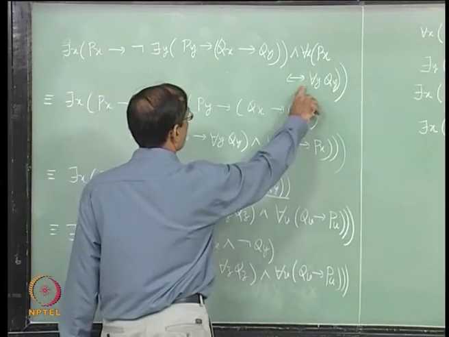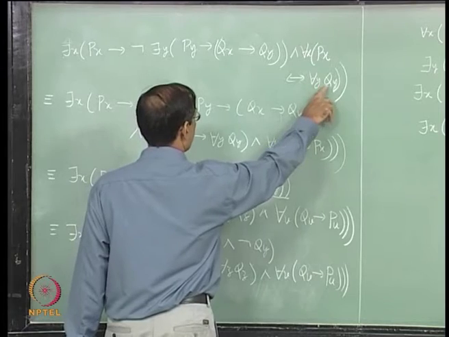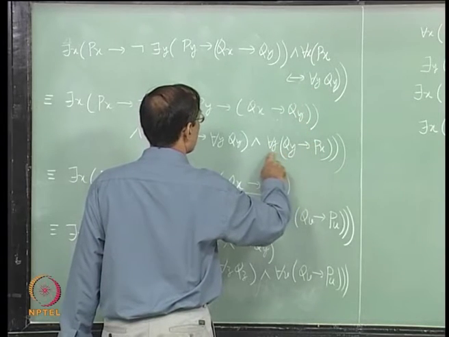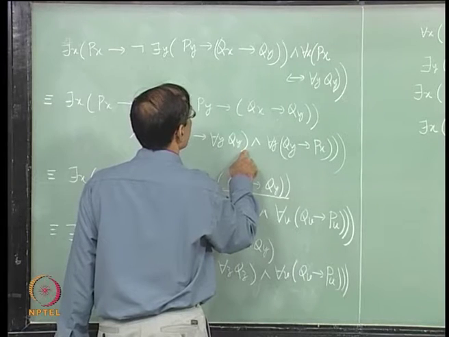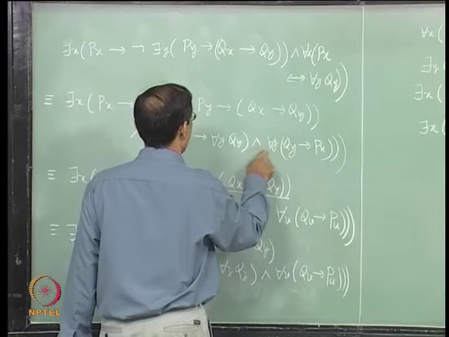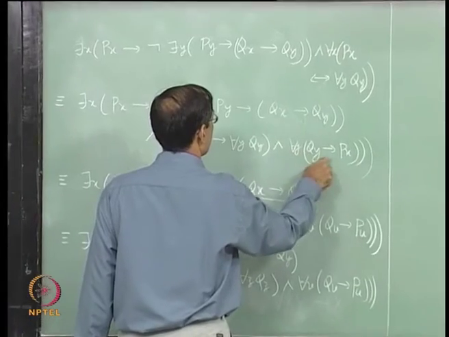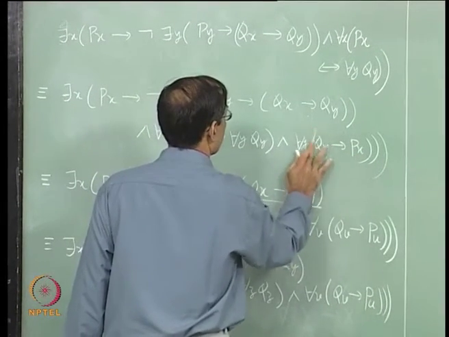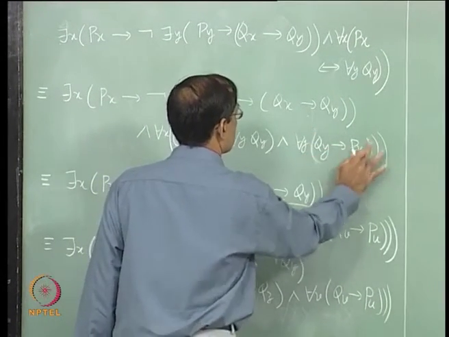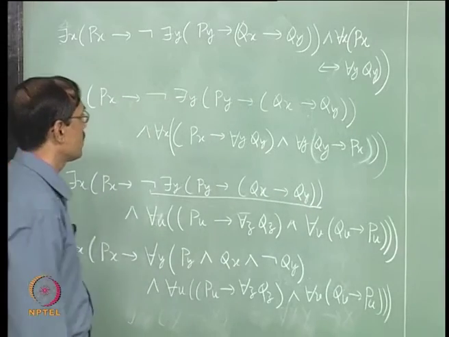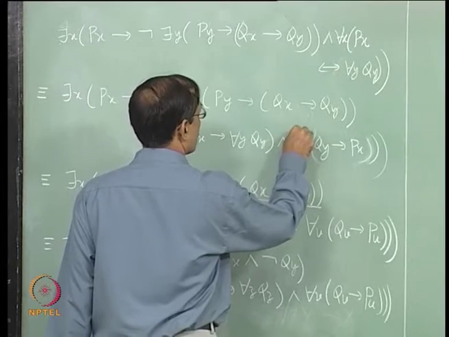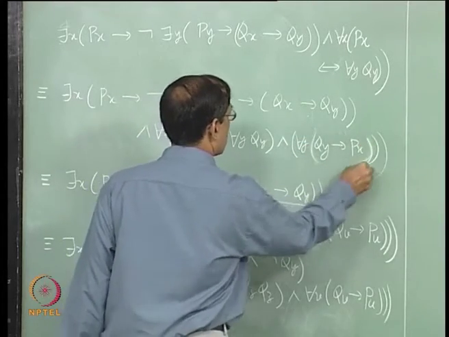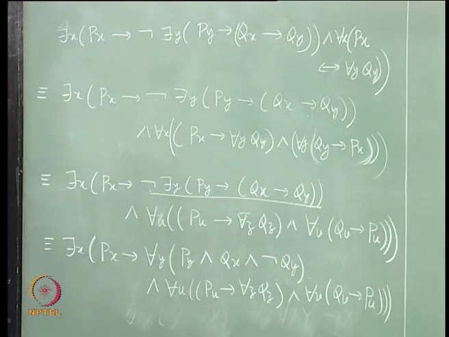We had the biconditional here, for each y q y, then it gives p x implies for all y q y and implies p x. So there is no bracket here. Where should the bracket be? The bracket should be here, that is right.